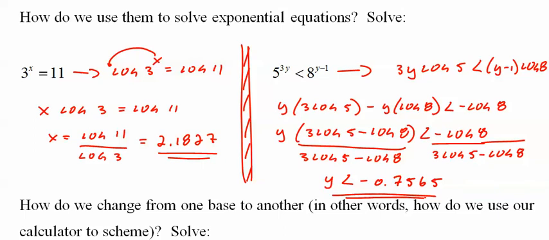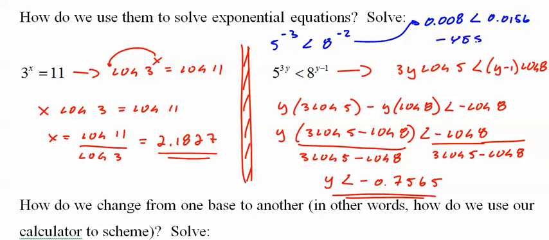So I check it by throwing in a number here. Less than that would be negative 1. Five to the negative 3, less than 8 to the negative 2. Is 0.008 less than 0.0156?